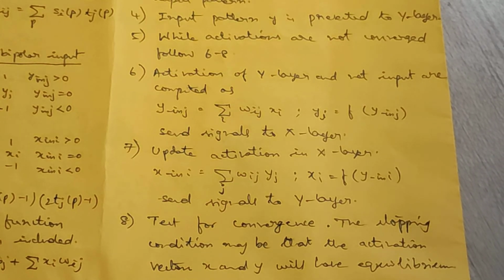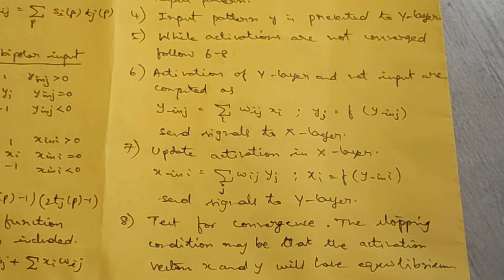Then take the target vector from Y as input, proceed to the X layer, and get the input vector at X. If these two match, then your network will be converged and the algorithm ends there.